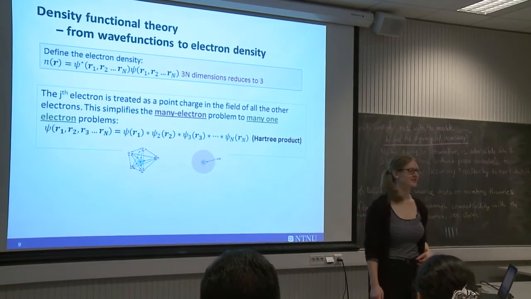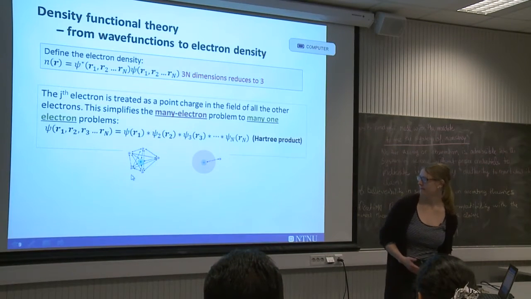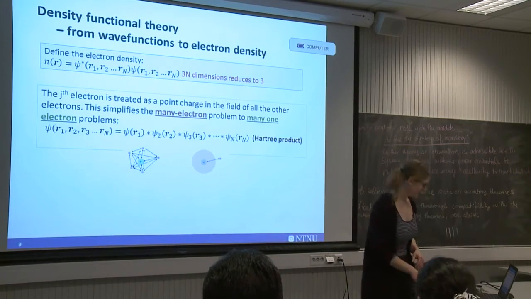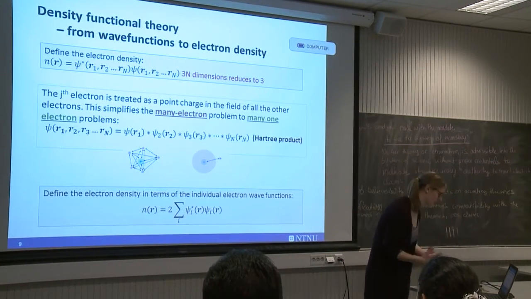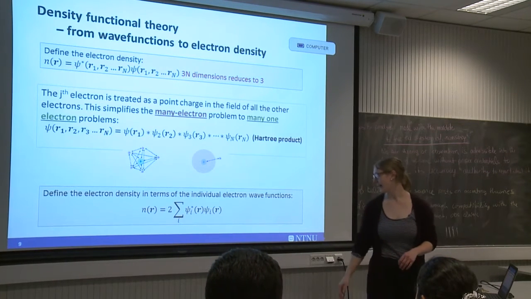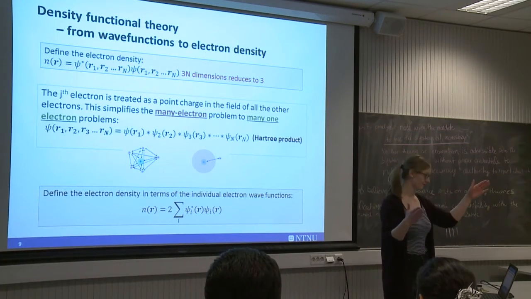You still would simultaneously need to know them all, of course, to calculate the one. But still, let's keep it there. So that means that we can now redefine our electron density in terms of all the single electron wave functions.